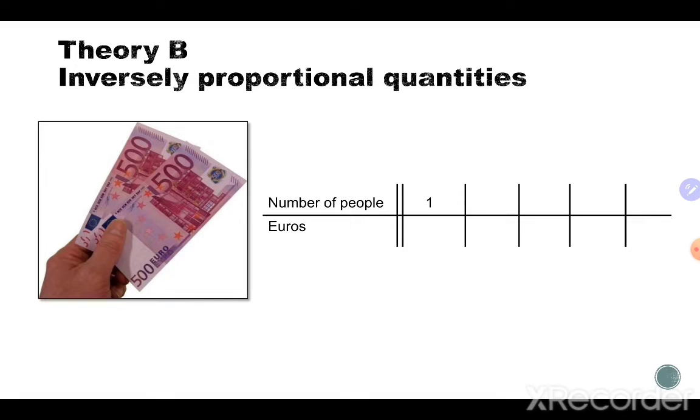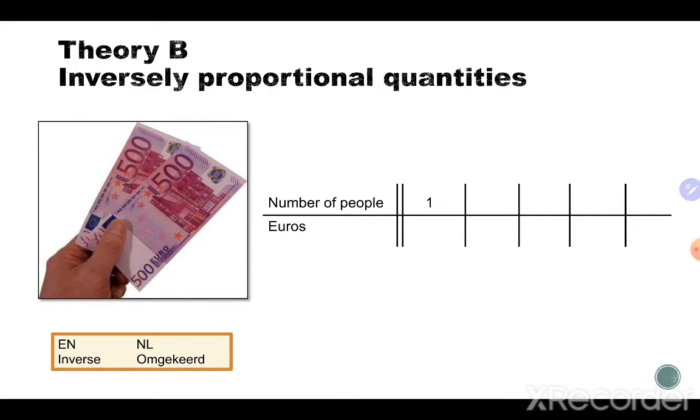First of all, what does inversely mean? In Dutch it is omgekeerd. The inverse of multiplying is dividing.